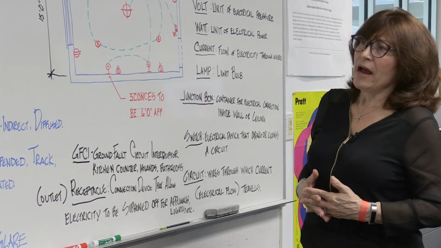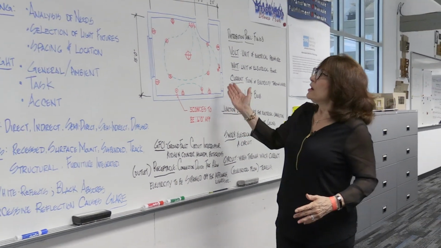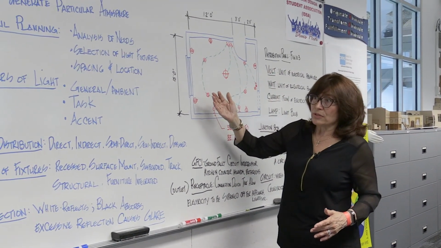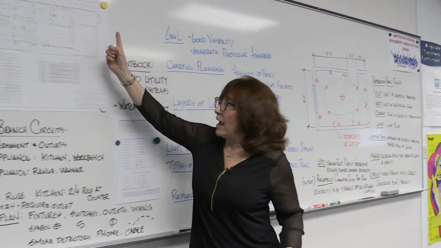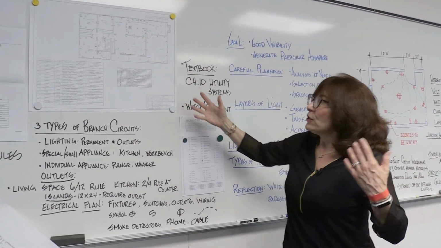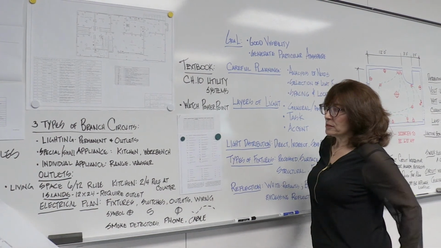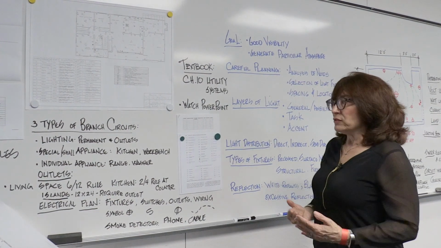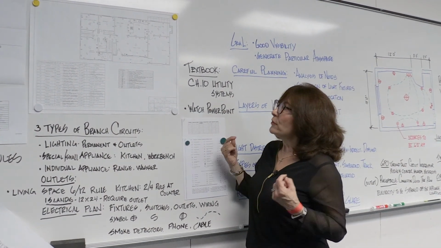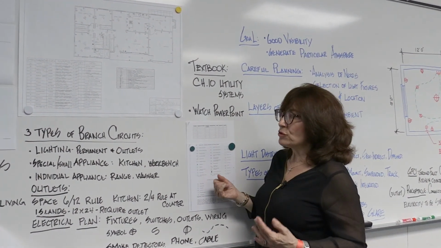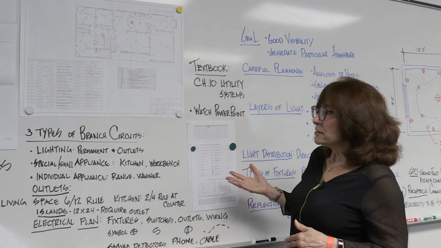Now what we're going to have to do is light the house. And based on the size of our house, there are 3 types of branch circuits. You have lighting, your lighting circuit will give you your hardwired or permanent light fixtures and outlets.